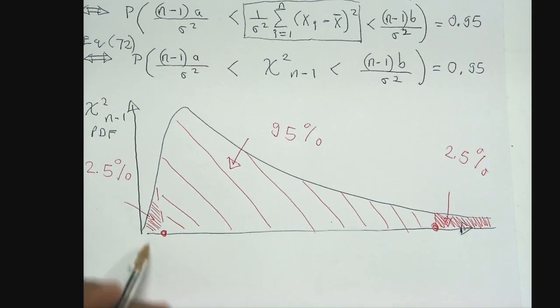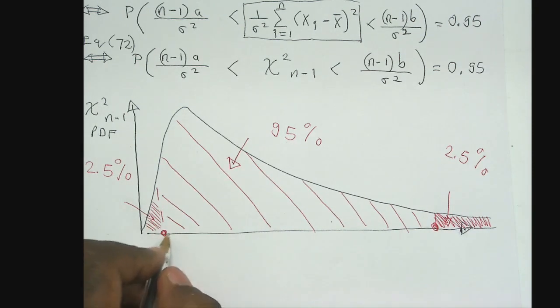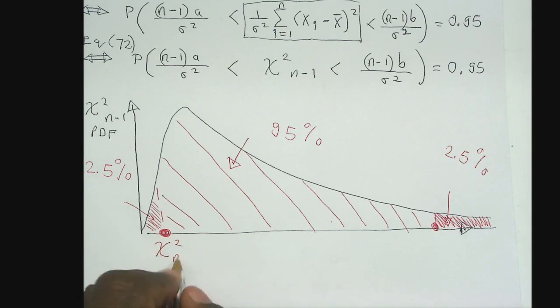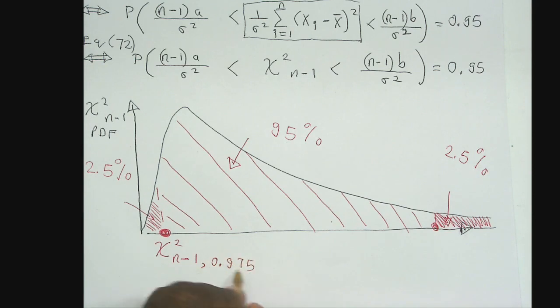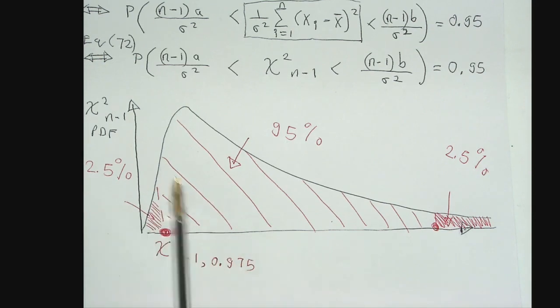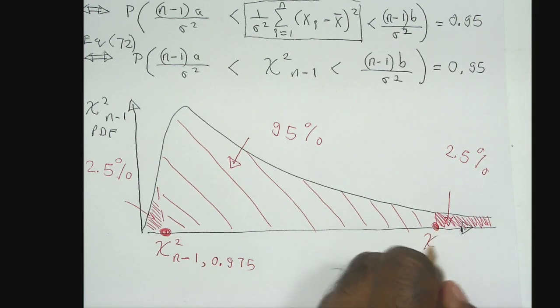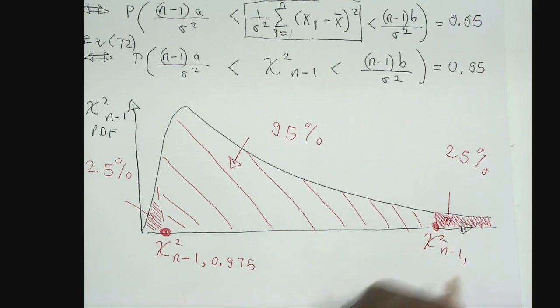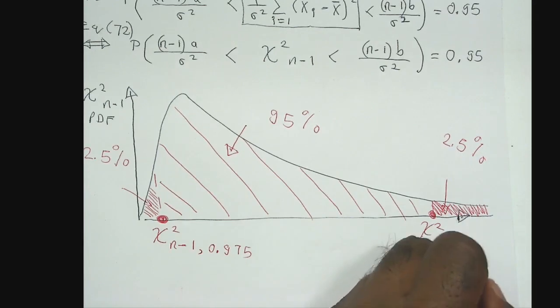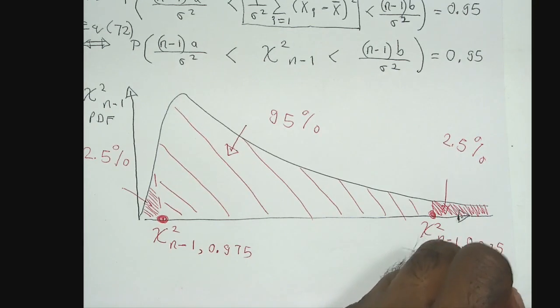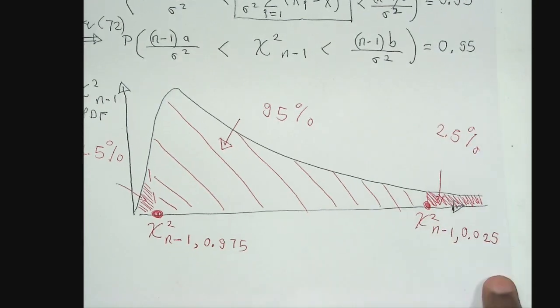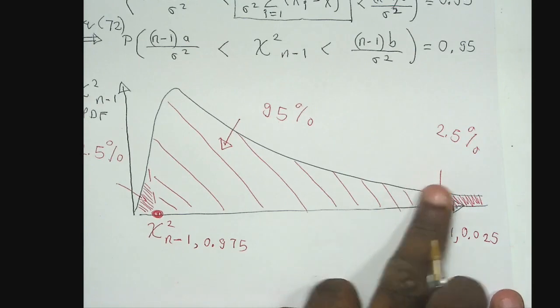Now, if this is 2.5%, guys, what can you say about this point here? This is the percentile of the chi-square distribution that has an area of 97.5% above it, and this point here is the percentile of the chi-square distribution with an area of 0.025 or 2.5% above it, which is this area.